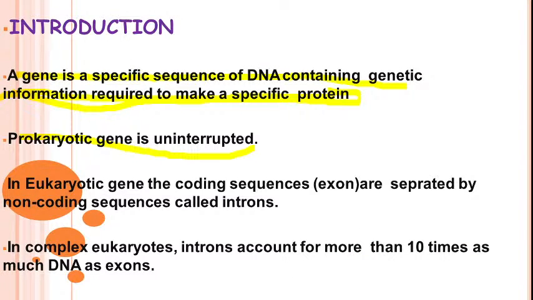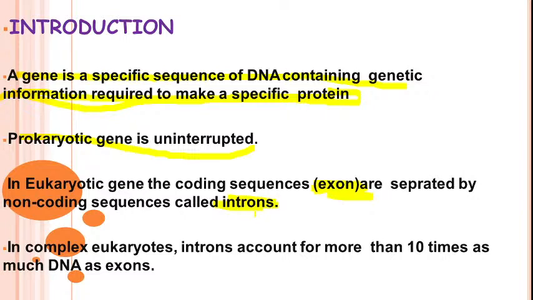In eukaryotic genes, the coding sequences, which are known as exons, are separated by non-coding sequences, which are known as introns.